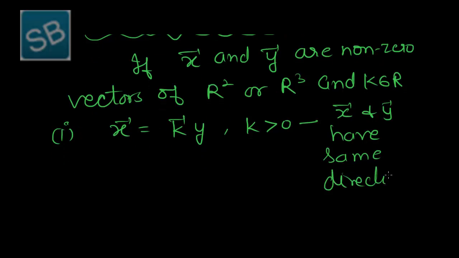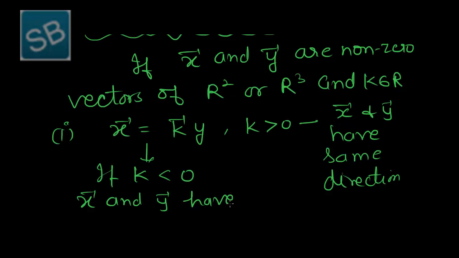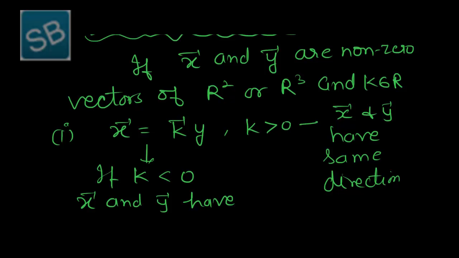That is, they are in the same direction. And if k is less than 0, then vector x and vector y have opposite direction.